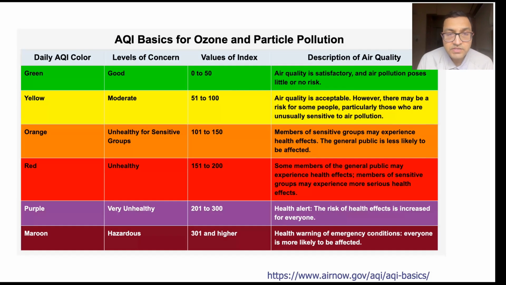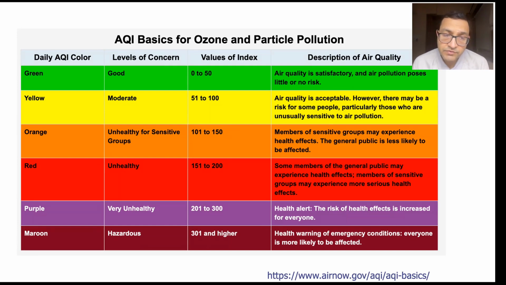Here is the current color-coded chart for AQI, and it's for ozone and particle pollution. But you can see the color. If you have values between 0 to 50, that means you're up to half the standard concentration. Then it's a green color and considered good.